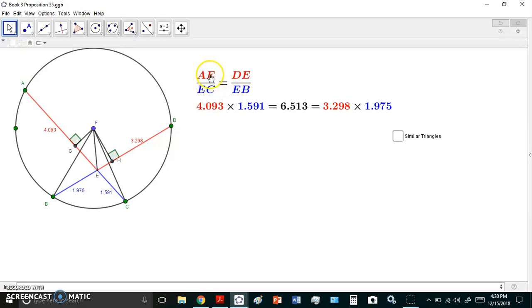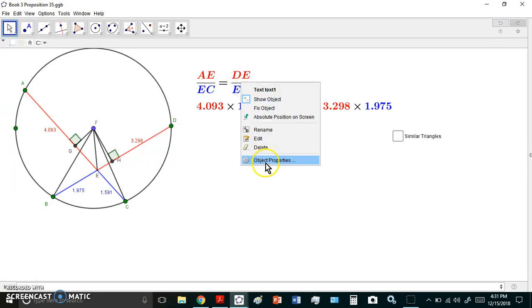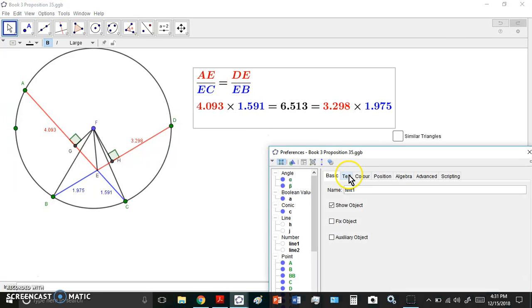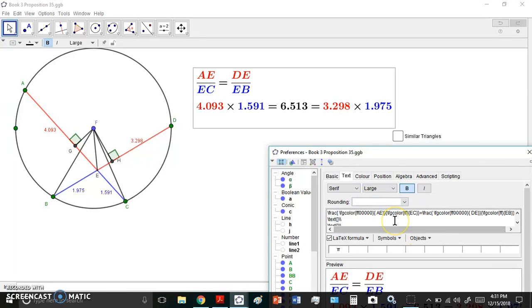It's actually AE over EB and DE over EC. Okay, so actually I could correct that very quickly. If you just bear with me, it's AE over BE.